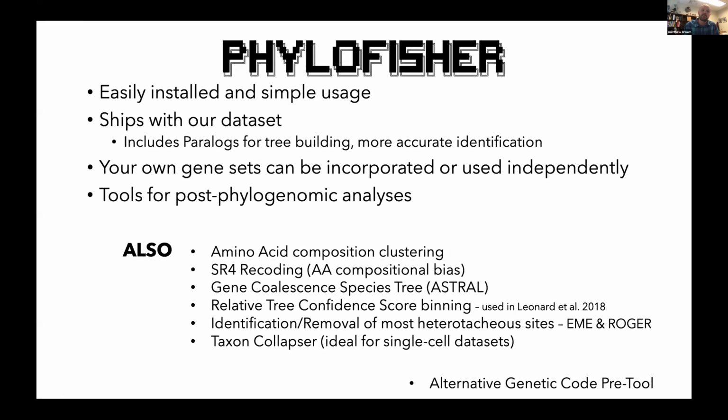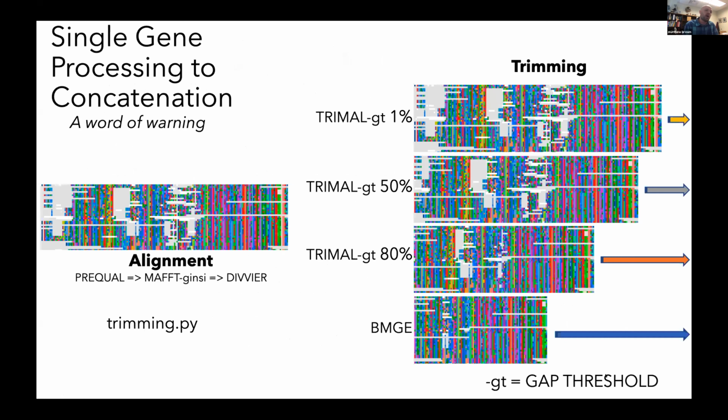One single really quick word of caution and a word of warning is that over the course of doing all of these analyses and outputting alignments, we have a trimming tool that allows you to do prequal, MAFFT, GenAFPair, and then Divvier. And this is trimming.py. But we also have a trimming part, and that trimming part will allow you to use trimAl or BMGE.